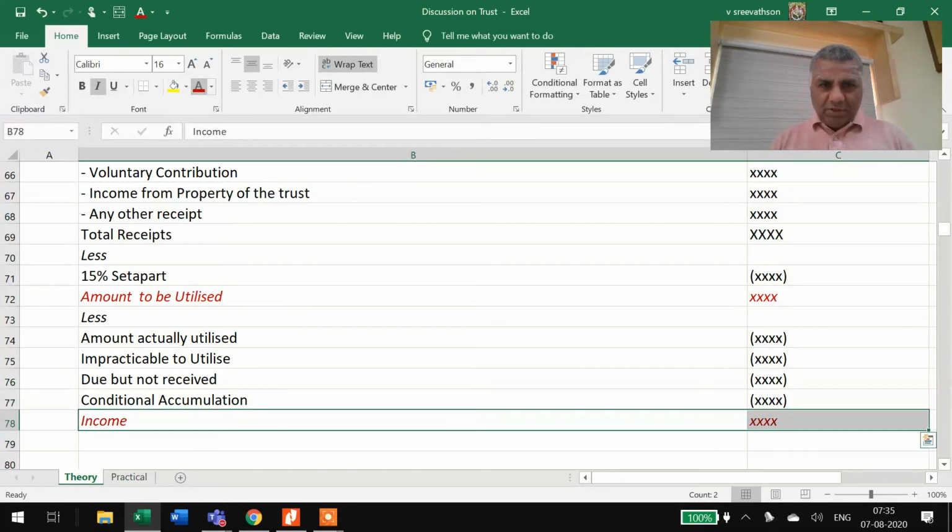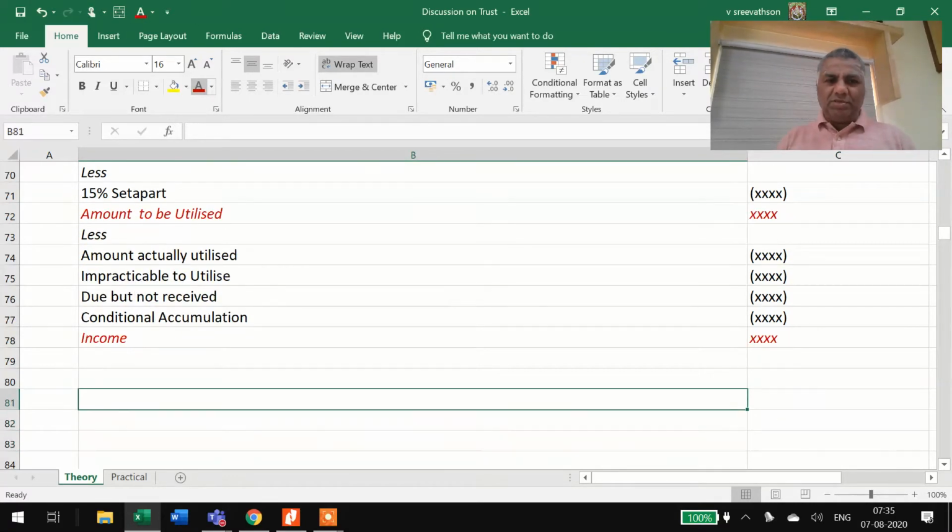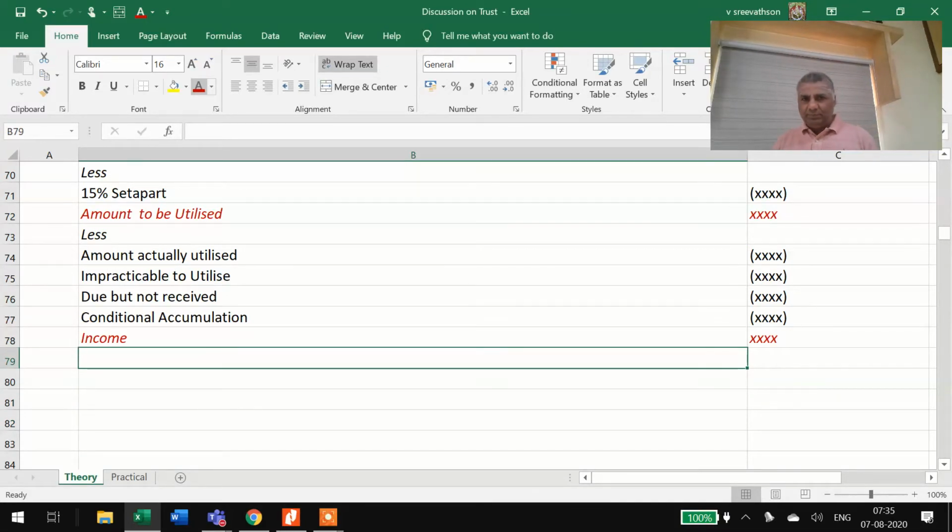This is known as the income of the trust. The amount after all utilization is reduced is known as the income of the trust.